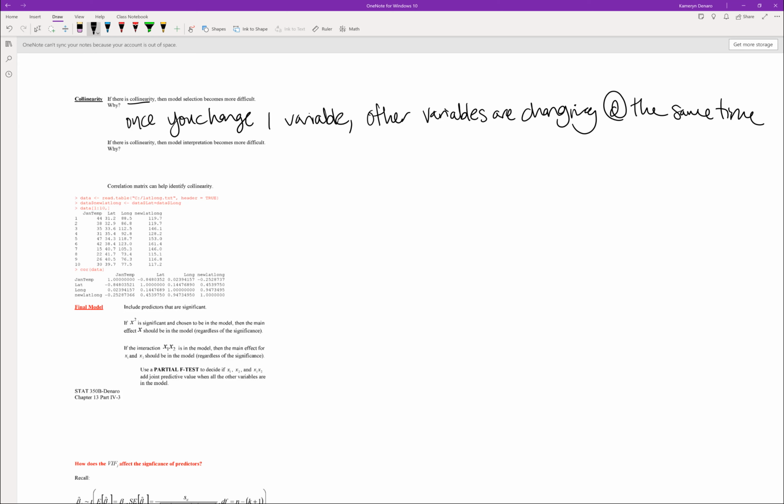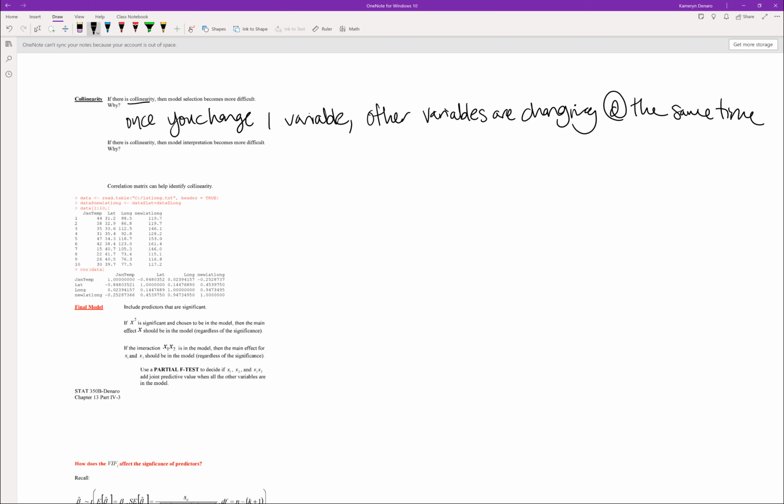So essentially, when you're checking for collinearity, remember that you're first going to fit a correlation matrix to your data, and then you're going to check your variance inflation factor.